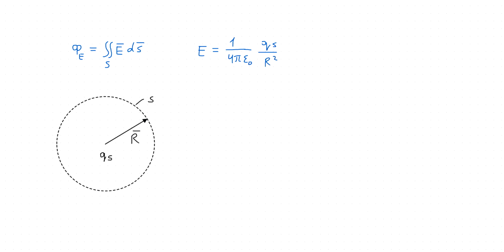It is the absolute value of electric field intensity on this surface, because the distance from a point of the surface to the center is r.